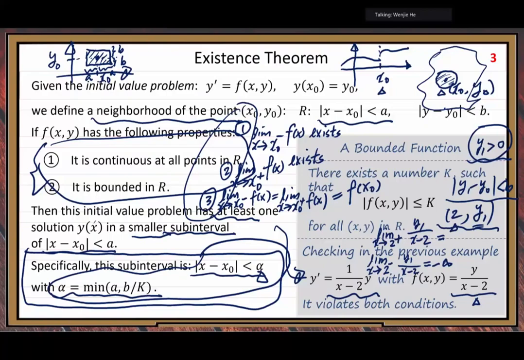So y1 over a number that goes to 0 is infinity, but the sign is positive. Positive over positive. So the limit is positive infinity.